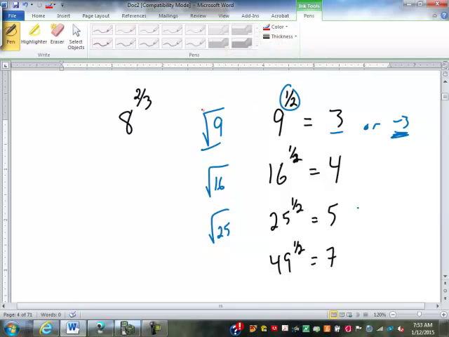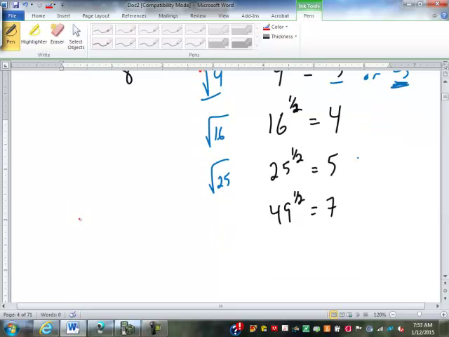Well, remember, the square root is really the index of 2 on that radical symbol. We don't write it because it's just implied. The square root's so common, we save the ink and we don't put that 2 in there. But if you recall, there were other roots. We could have a third root, which is asking us, if I put in the third root of 27, what that's asking us is what number to the power of 3 would equal 27?